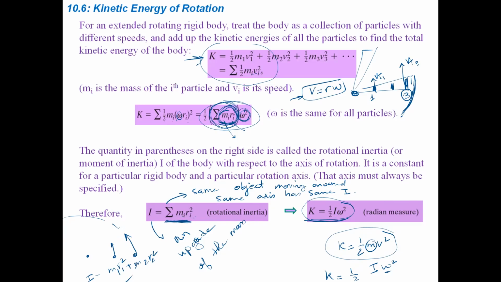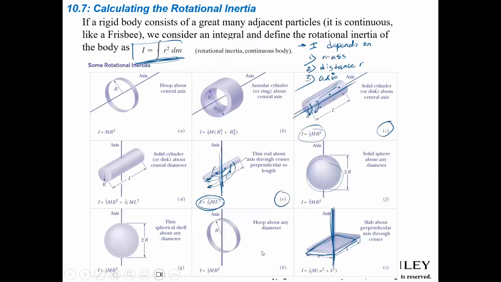Now, for different objects of different shapes, it's going to be a bit difficult to find the sum of m_i r_i squared. Namely, if I have, let's say, a disk, and there are infinitely many different shapes, not just a disk. You can look at all of these shapes.